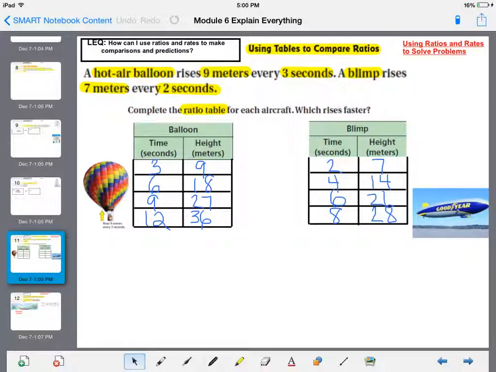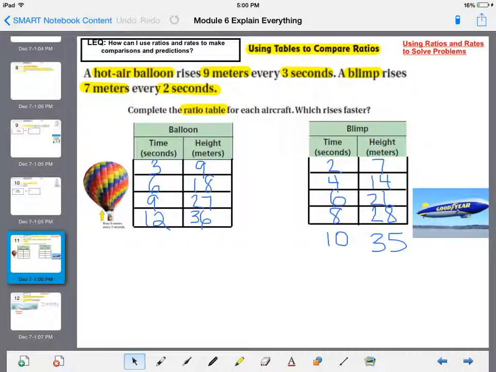So a lot of you took information from both the hot air balloon and the blimp. I think what you did is you went over to the blimp and added another 2 seconds, which was 10, to another 7 meters, which was going to be 35.